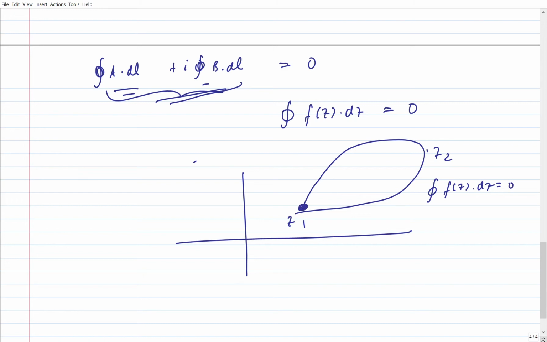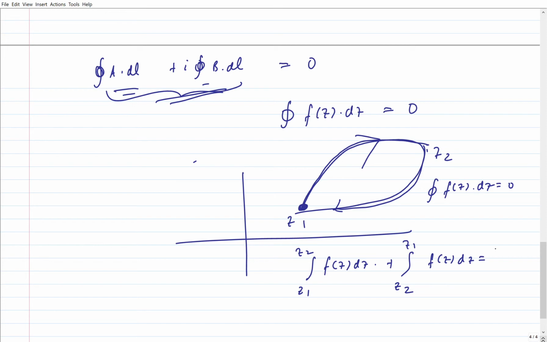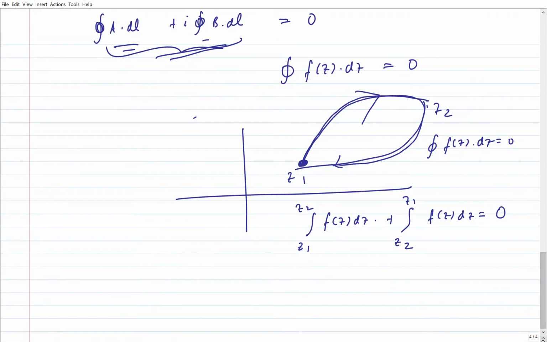That essentially means that evaluated from z1 to z2, fz dz evaluated from some path z1 to z2 plus some path z2 to z1 back over here, fz dz is equals to 0, which means z1, z2, this is some other path. This is path 1, this is path 2.